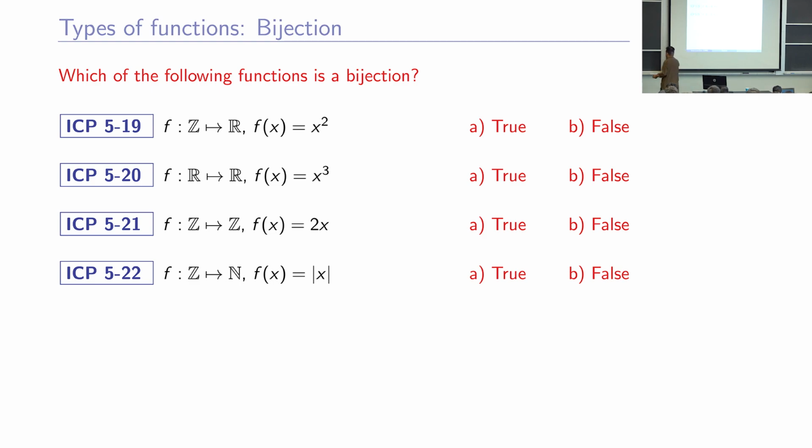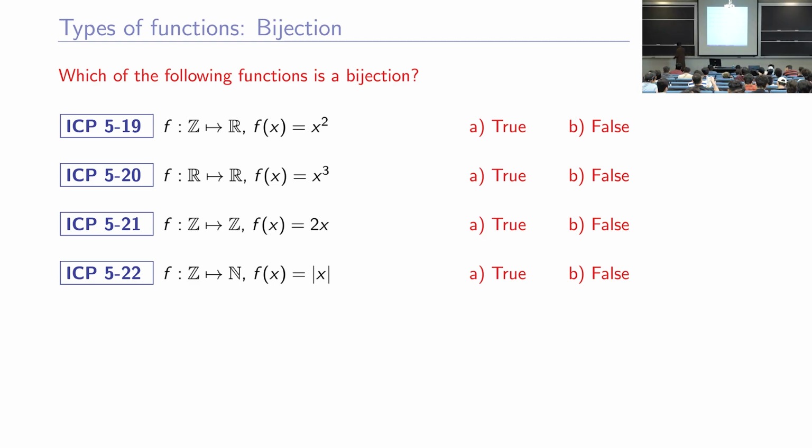So just do it in your calculator. That's a real number, right? You take 7 to the 1/3 power and you will get a number, and it's a cube of that number.